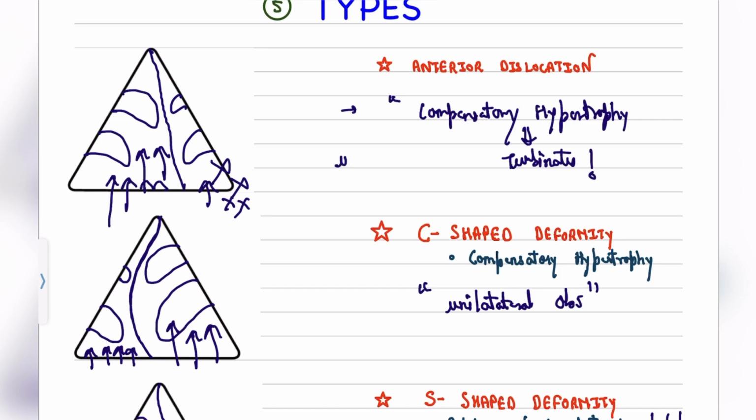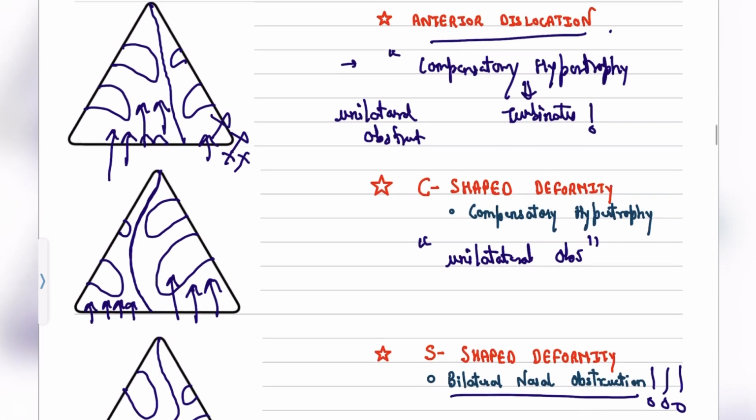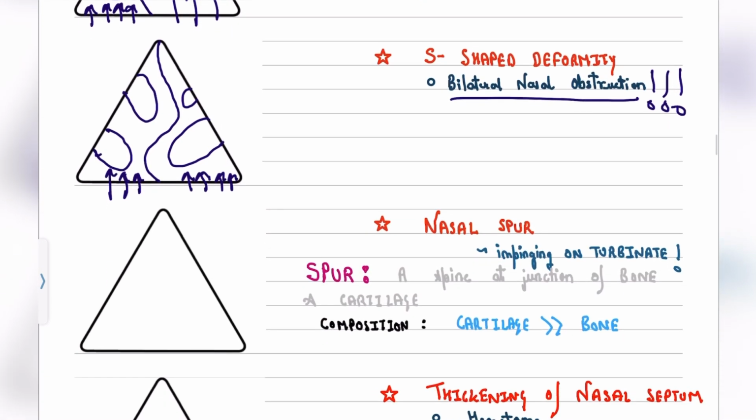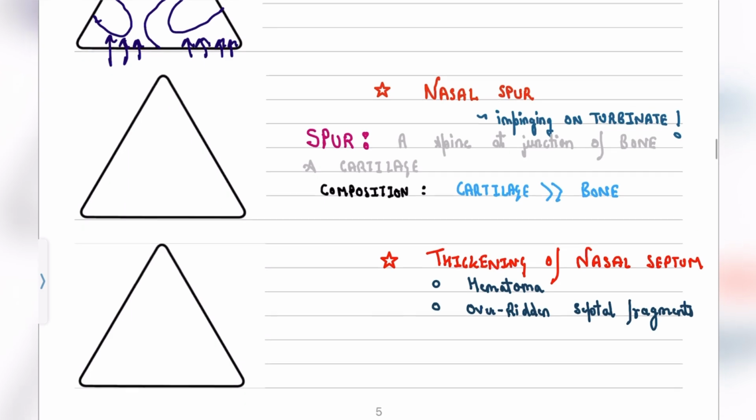So again, it is also leading to unilateral obstruction. So anterior dislocation and C-shaped deformity are both examples of unilateral obstruction, whereas S-shaped deformity is an example of bilateral nasal obstruction.